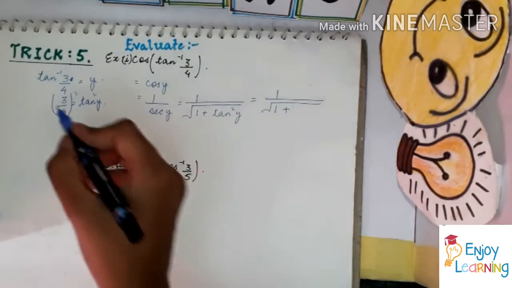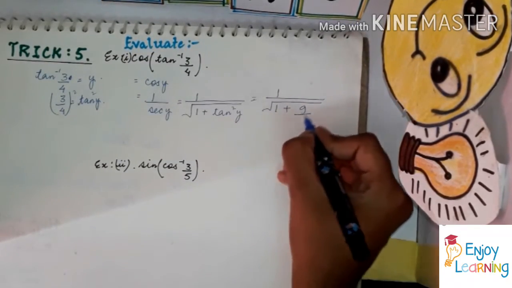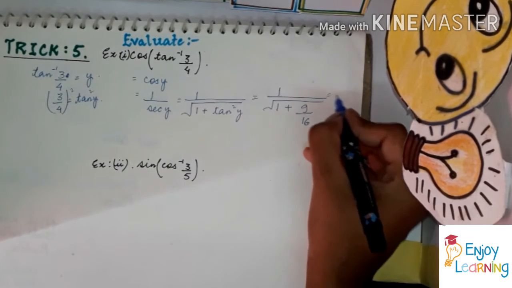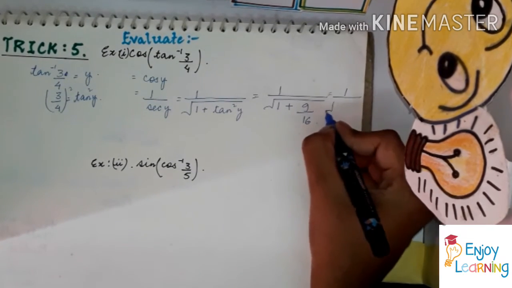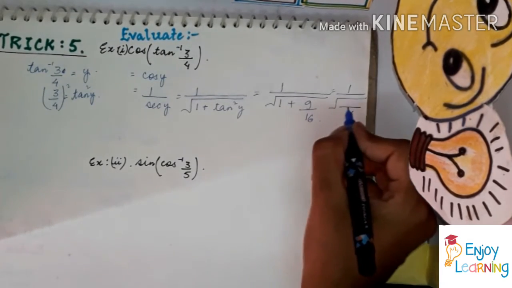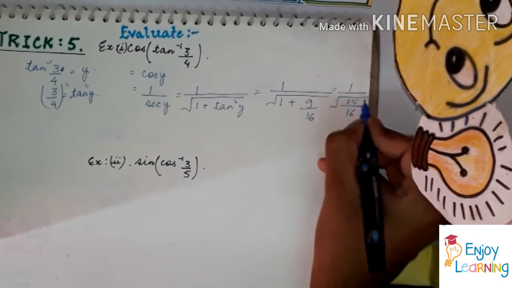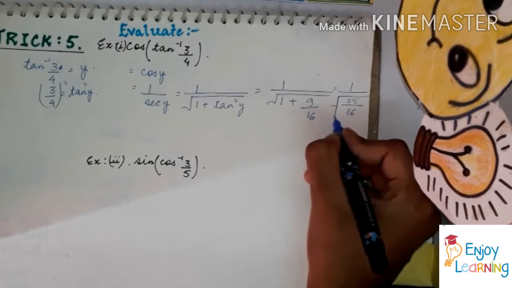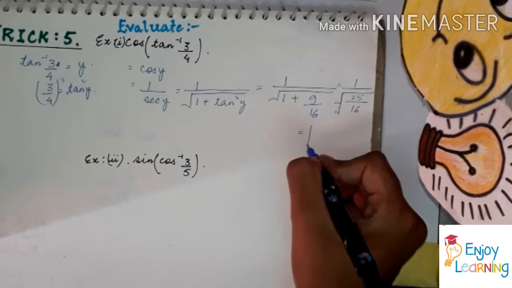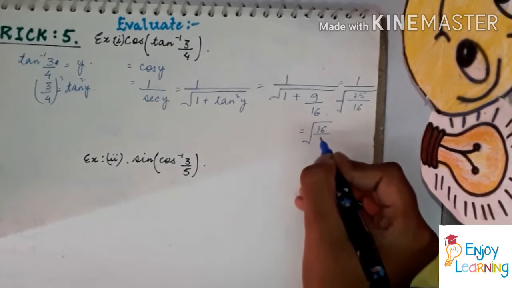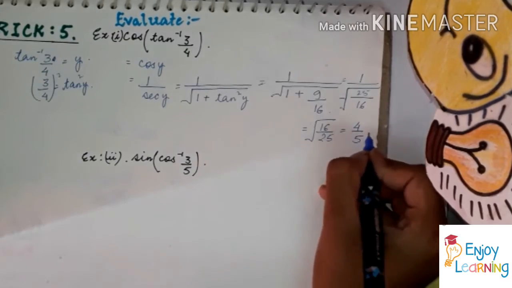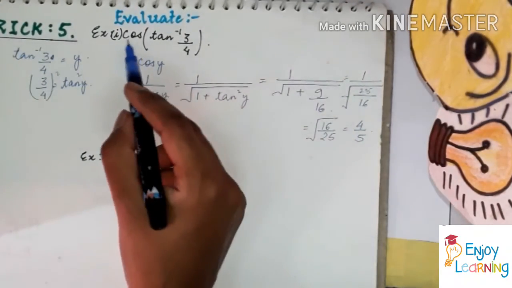So what it is? 9 upon 16. Now the next step is 1 upon under root 16 plus 9, it is 25. The reciprocal of this is under root 16 upon 25, which is 4 upon 5. So this is the value of this function.